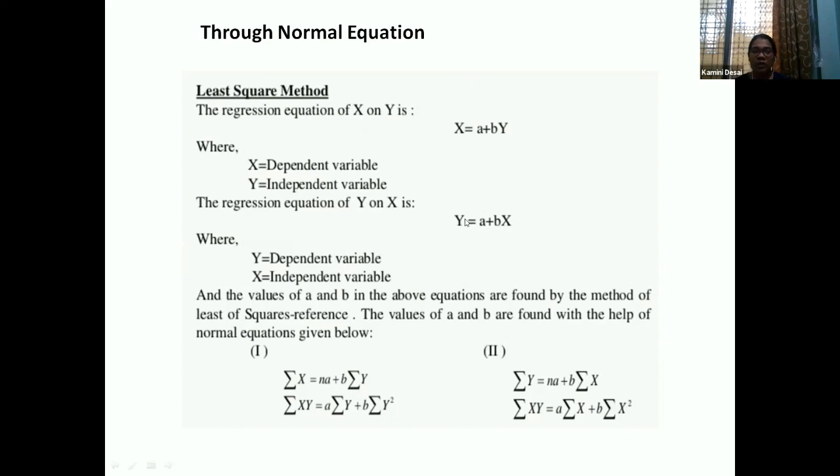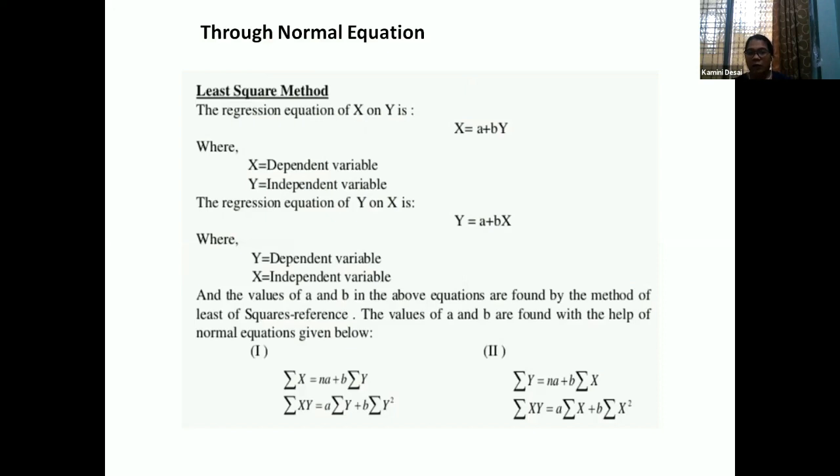I want to find the exact relationship between systolic blood pressure and weight, so I am taking only two variables into consideration. That is called a simple regression equation. If my independent variables are more than one, then we find the multiple regression equation.